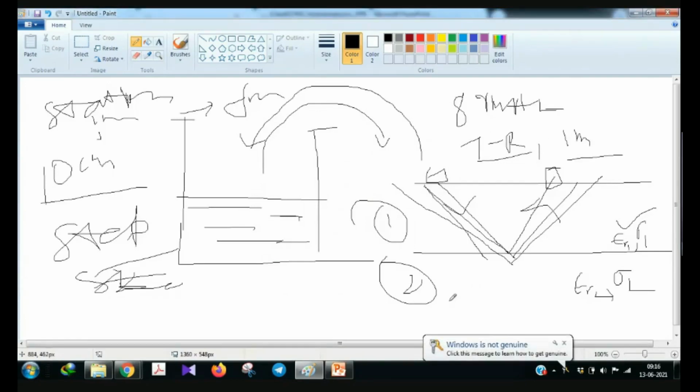That's the rule of thumb, or the manufacturer-decided rule of thumb, you can say. So you have to keep the transmitter-receiver separation at 1 meter if you are going for an 80 megahertz antenna. That's one point. So this step size is very important, and then you will be doing the survey.